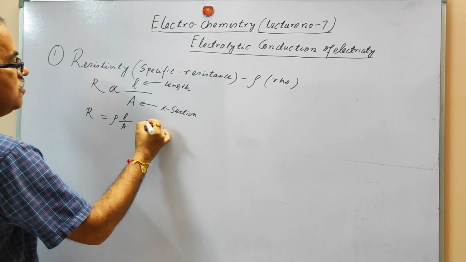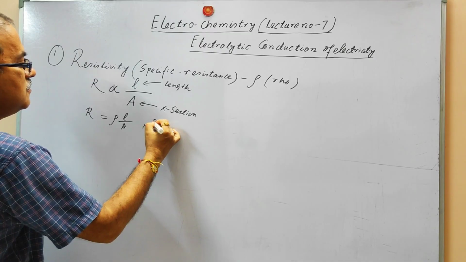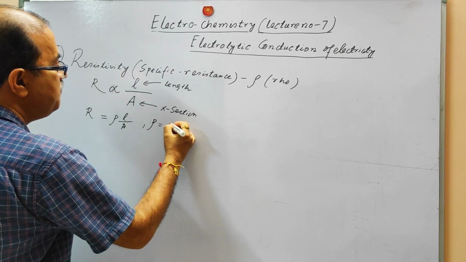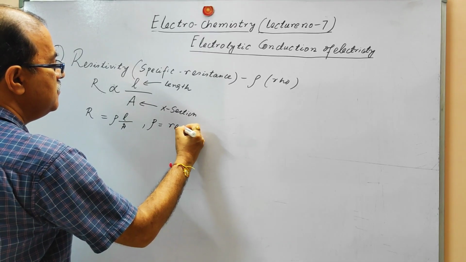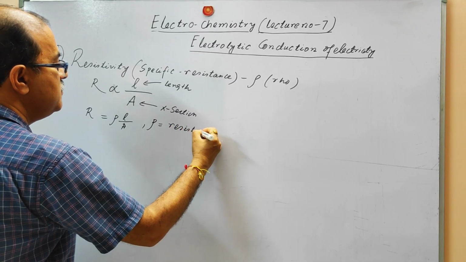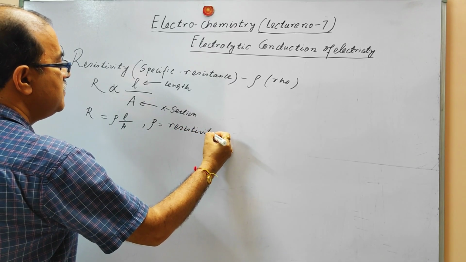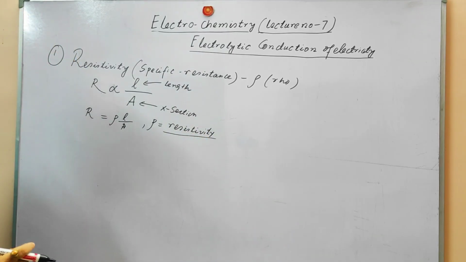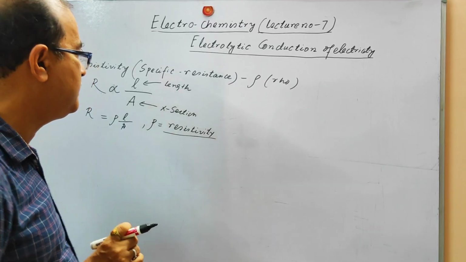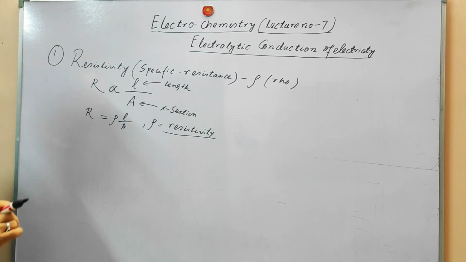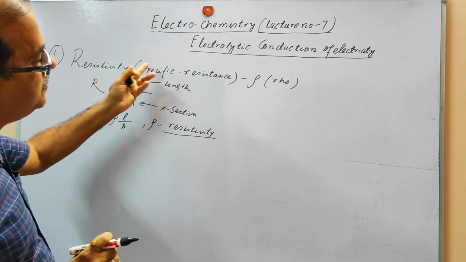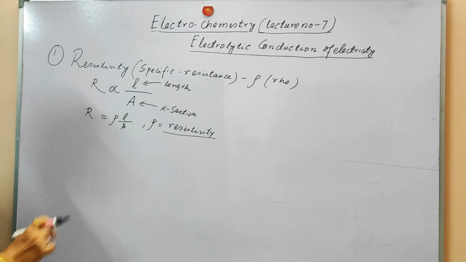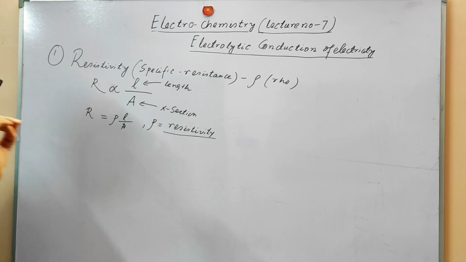and this rho, this is a Greek letter, is called the resistivity, and as per IUPAC, this term is much more accepted, so we will use this, but it can also be called a specific resistance. So we understand resistivity is a proportionality constant, and let us understand how to define it.